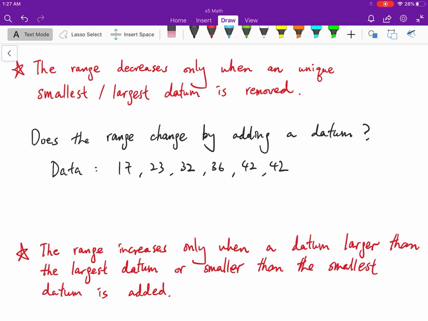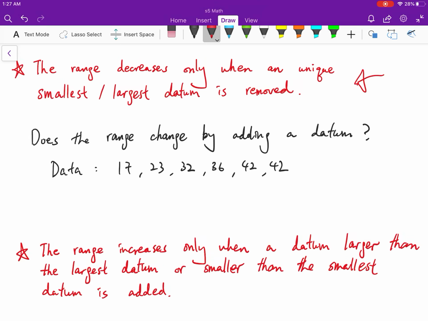But actually the range will never increase. So let's come to the first conclusion. The range decreases only when a unique smallest or largest datum is removed. That's the only one. So when you remove it, then the range is decreased.